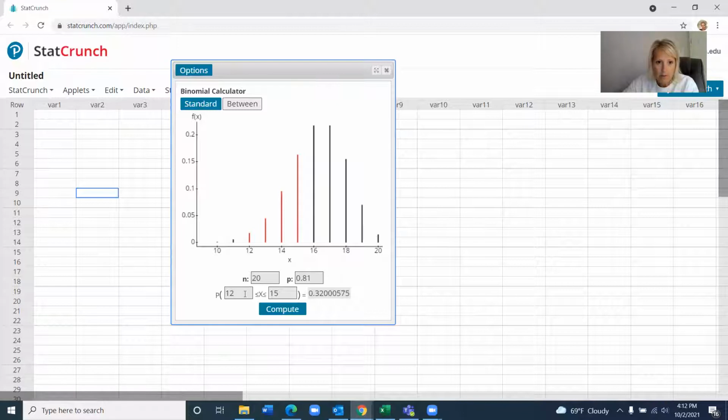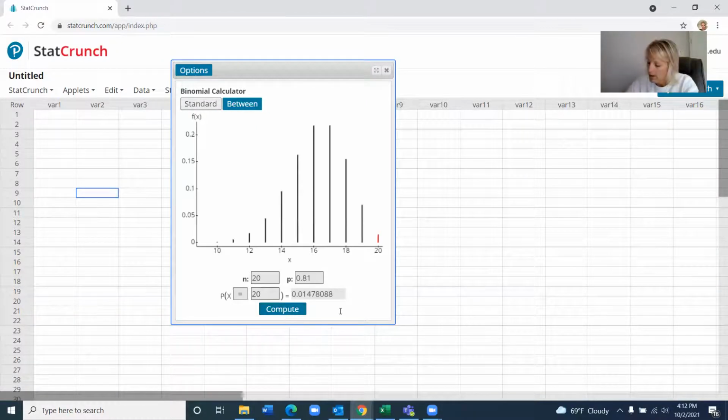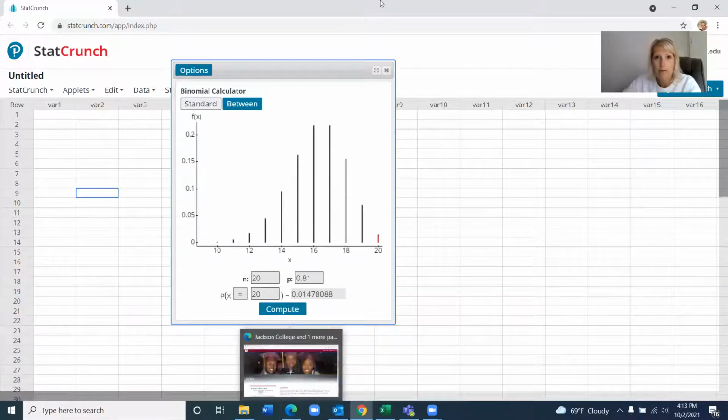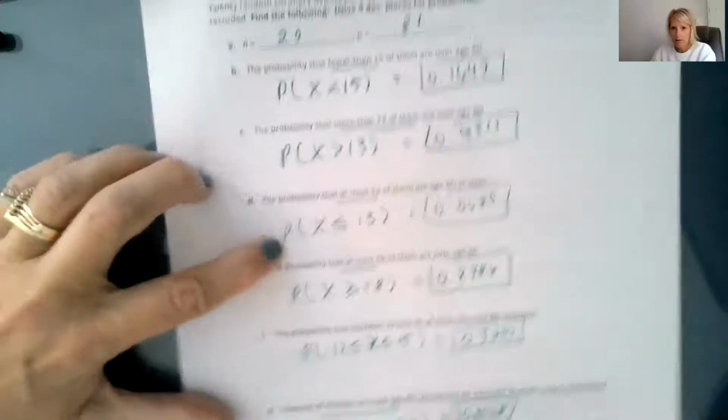That one would be back to the standard and equal, all 20. Compute, and that's pretty small, 0.0148.